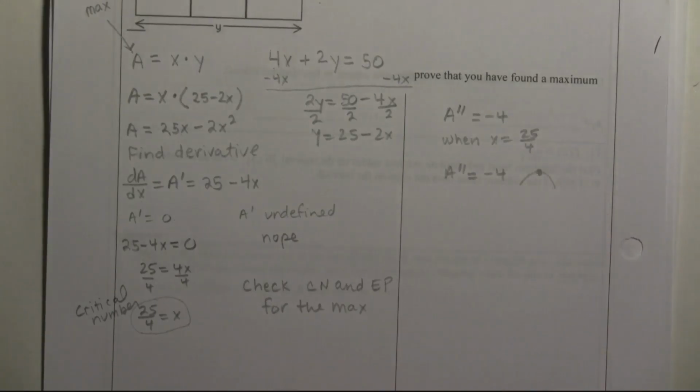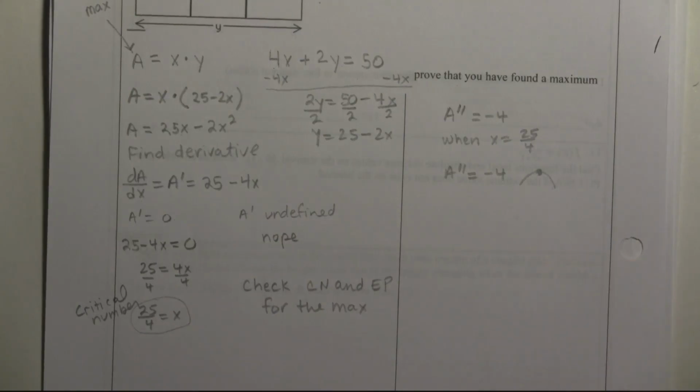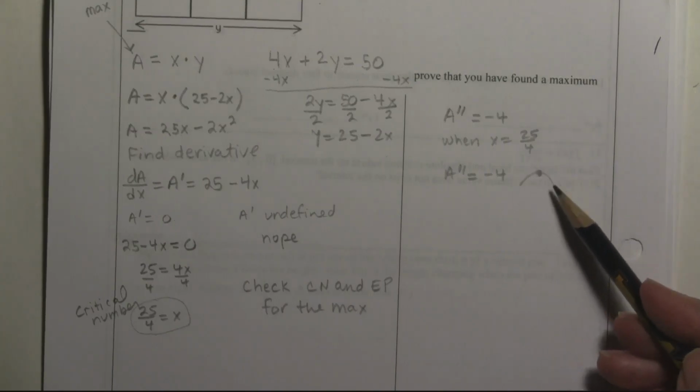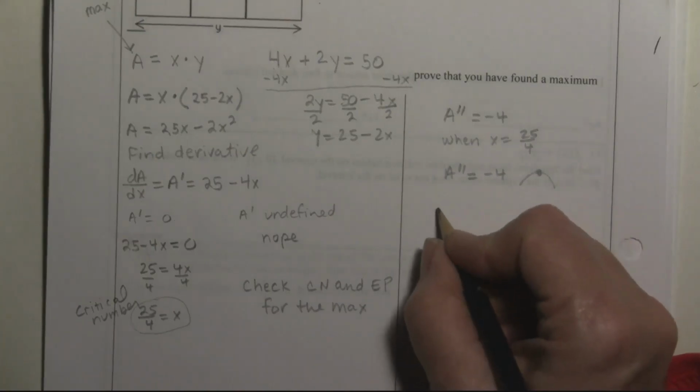And it's concave down for all values of x, not just my particular value of x, but I just wanted you to know I would plug in my particular value of x if it had a variable in it. But this one's always concave down. And so what that means is, and I've kind of drawn a picture here, it's a critical value. And so 25 over 4 is, thus, a max.